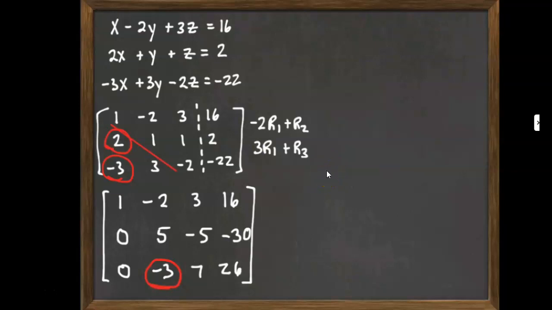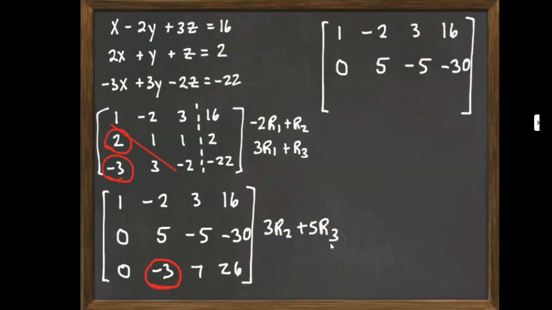And unfortunately there's nothing nice to multiply 5 by to get 3 or 3 by to get 5. So we can just go in and say 3 row 2 plus 5 row 3. All right, because 3 times 5 will be 15. 5 times 3 will be negative 15, and they will eliminate. So that's what we need to do here.